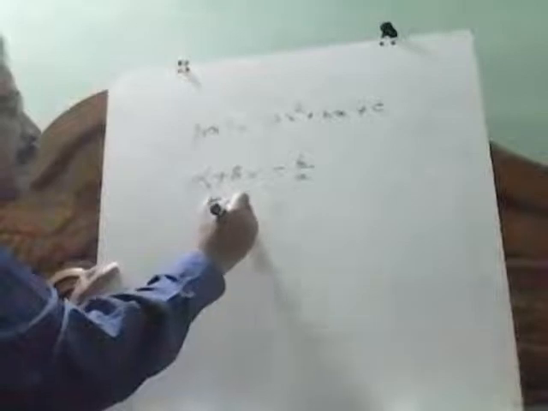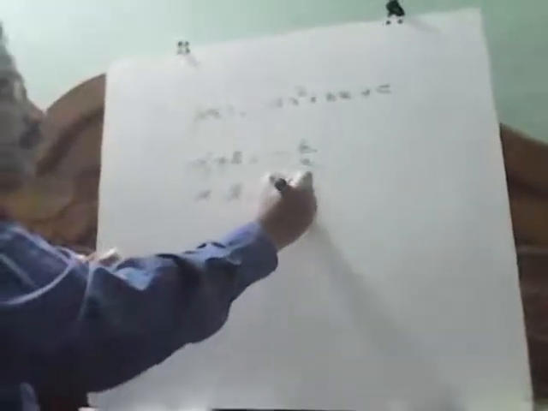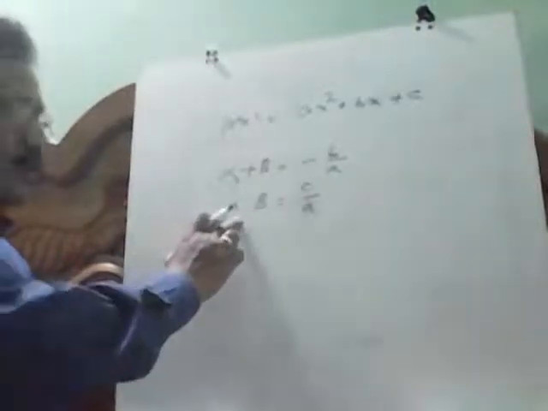Alpha plus beta equals minus b by a, alpha into beta equals c by a. Alpha plus beta is the sum of zeros, that is minus b by a, and the product of zeros is c by a.